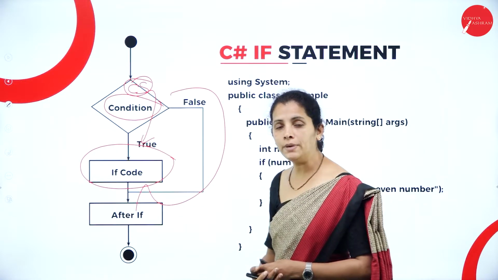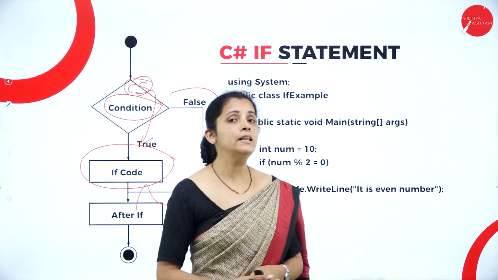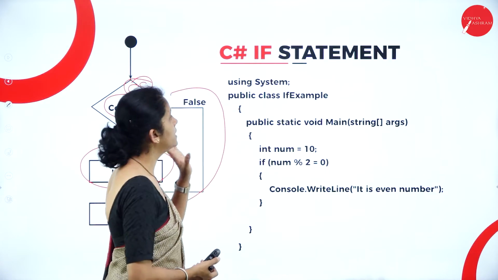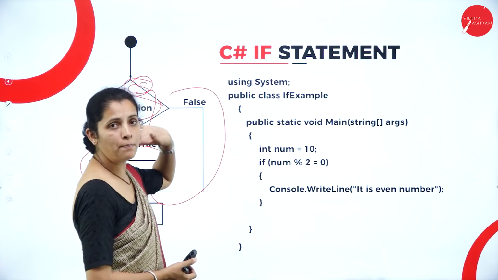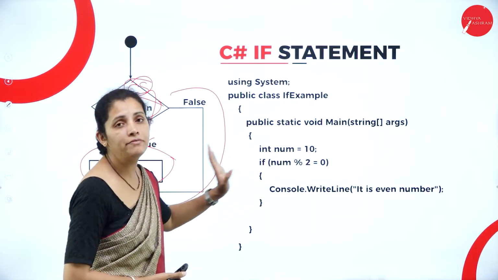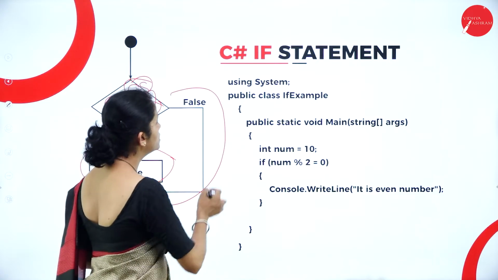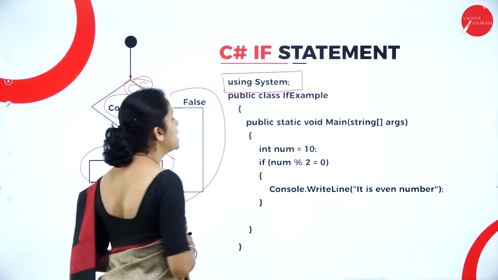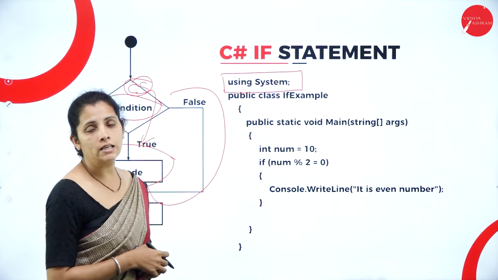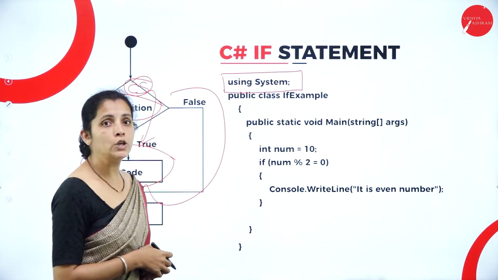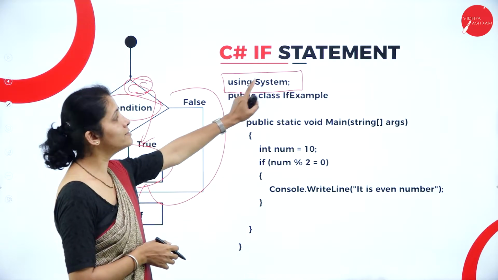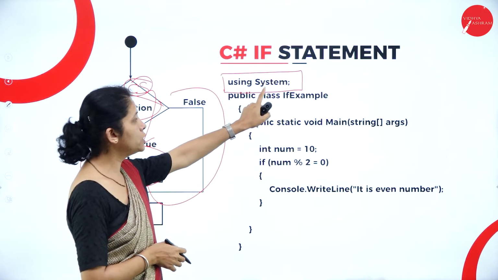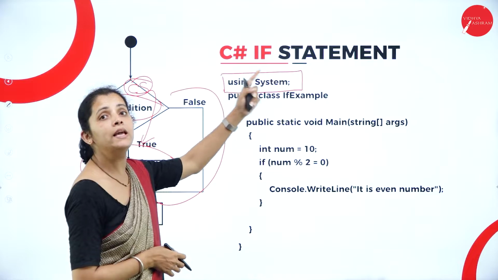Now, let me consider a simple example here. This is the example for the simple if statement. So dear student, what is my first statement in my C# programming? I want to make use of the system namespace.